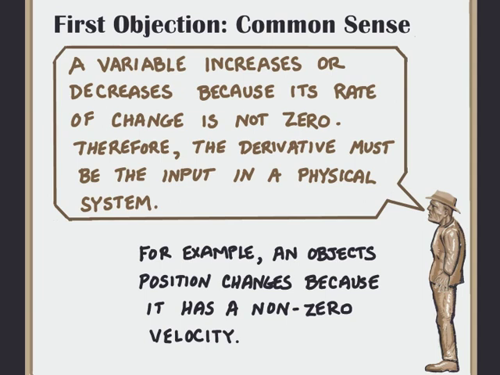That goes against our common sense. For example, an object's position changes because it has a non-zero velocity, but it's not the other way around. The cause of an object's velocity changing is not the position. The cause of the object's velocity changing is a force acting upon the object.